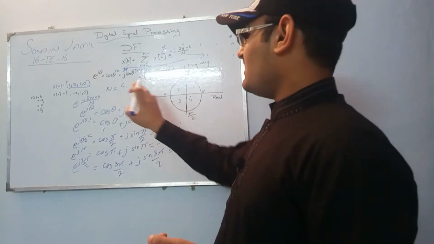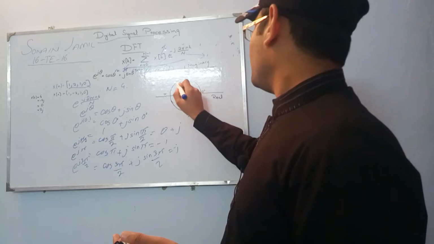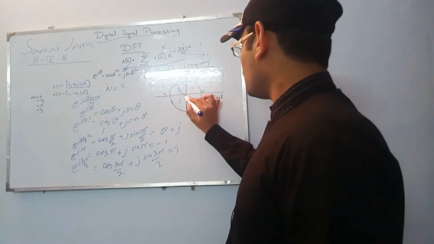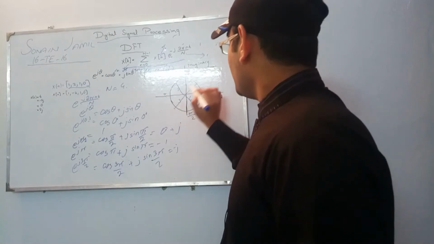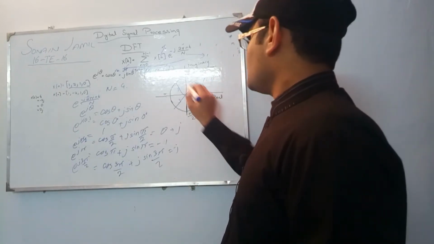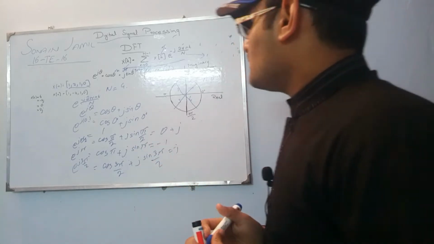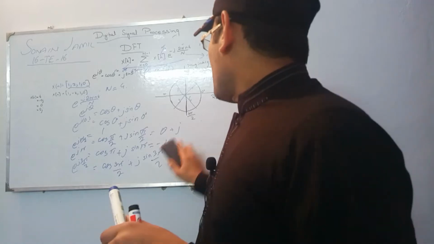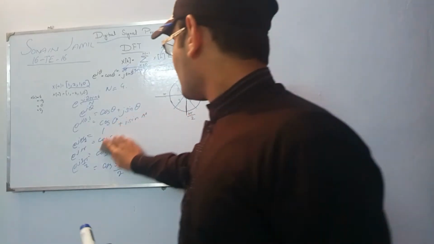If we have N is equal to 6, we can divide it into 6 equal components. If we have N is equal to 8, we can divide it into 8 segments and so on.